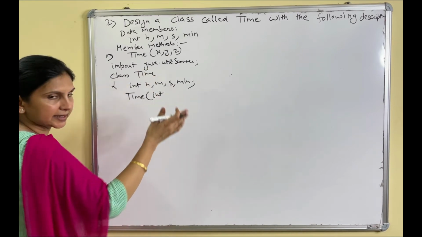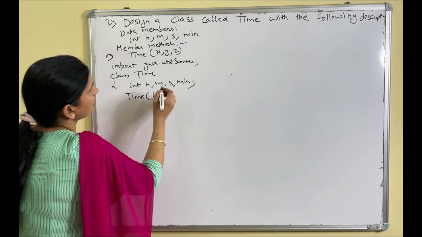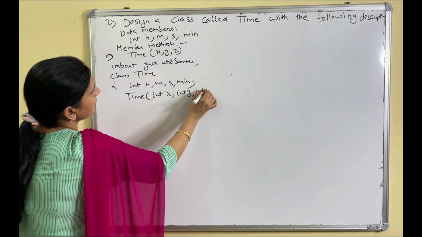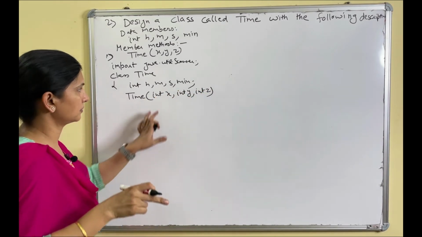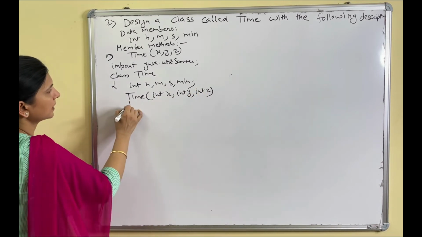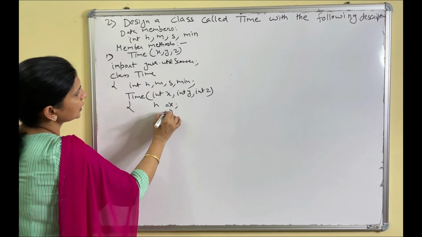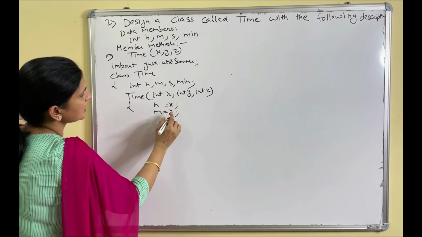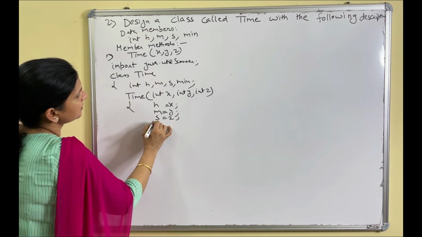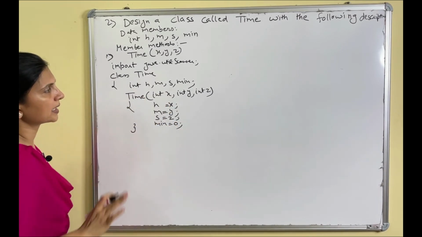So int x with data type. If the data type is not given in the question, then you will use int x, int y, int z. You will write your own, because it is mandatory to write the data type. And then x value we will assign in h, hours. Y value we will assign in minute, and z value we will assign in second. And same way minute we will initialize with 0, right? So this is the parameterized constructor.